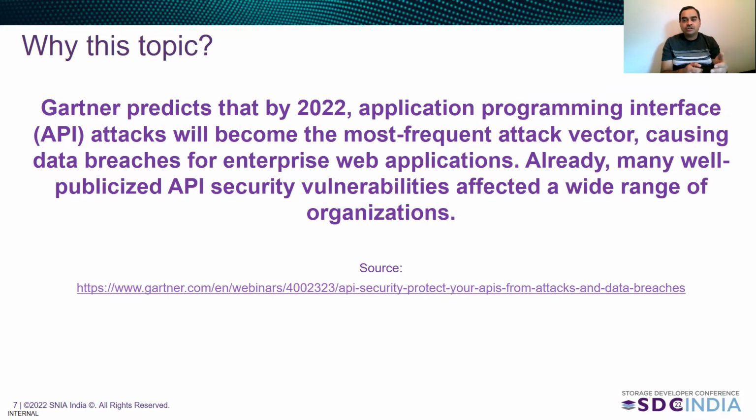This only goes to tell you how critical API security has become and why we should be discussing this. Unfortunately, what I've understood in my security career is that most companies don't start with security during the development phase. Security comes as an afterthought. Even with API development, you develop your APIs, and then you probably get the security team on board to validate whether all the security checks have been put in.